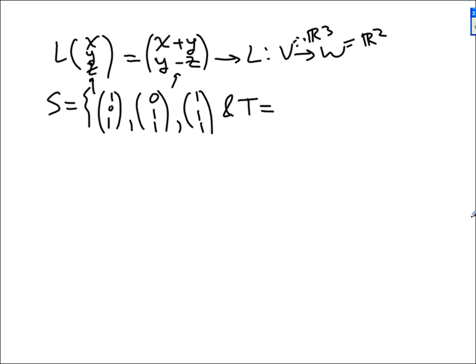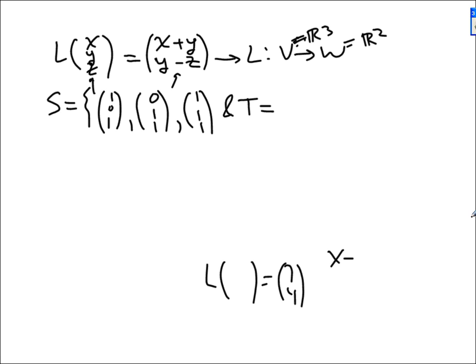L goes from R3 into R2. It might not be onto. You might not hit every vector in R2. Maybe you can take L of something to get 7, 4. Okay, that is possible.